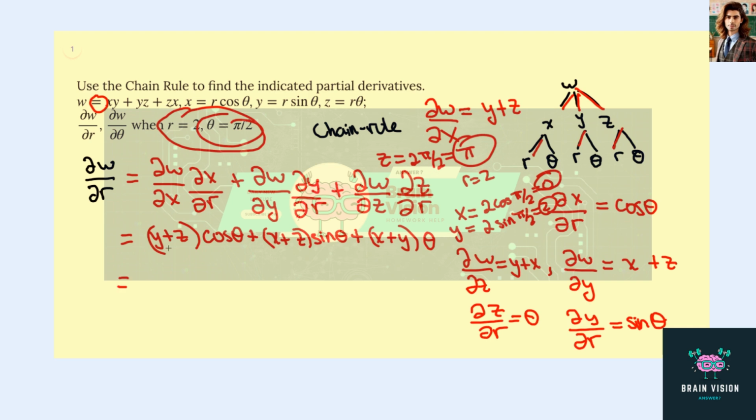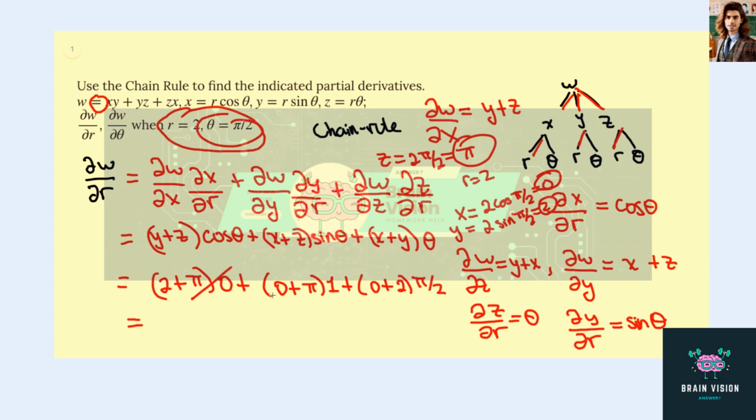So we have y plus z, so that'll be 2 plus pi. Cosine of pi over 2, that's 0. And then we have x plus z, so that's 0 plus pi, times 1. And then x plus y, 0 plus 2, times pi over 2.